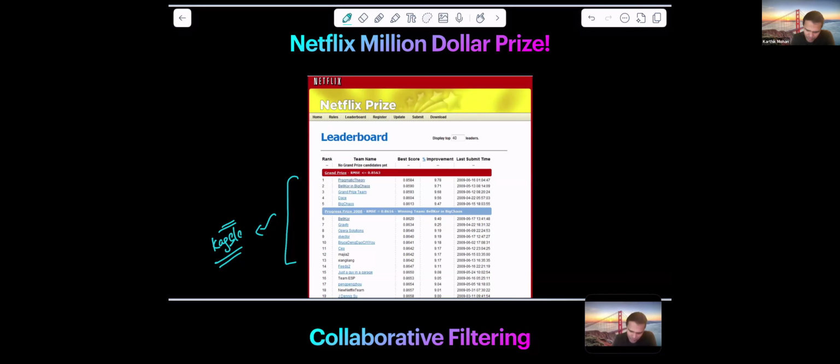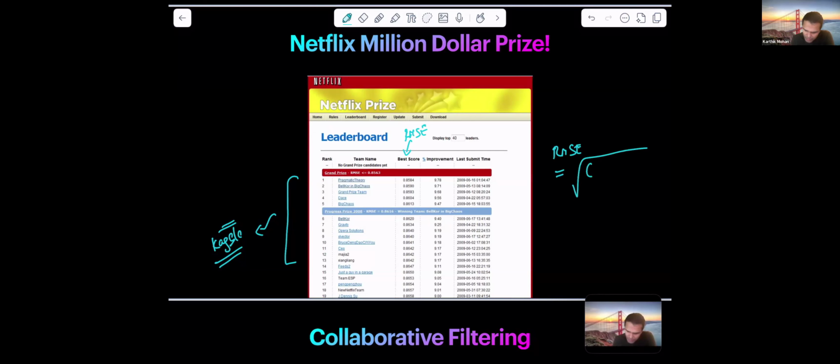In this leaderboard, you see things like best score. I believe it was based on root mean square error. The RMSE is the square root of the mean square error.